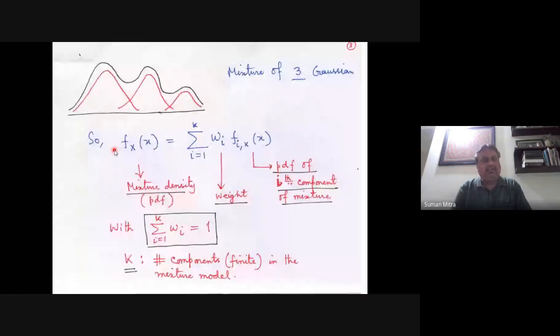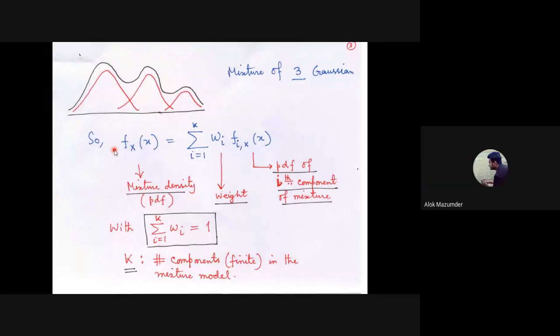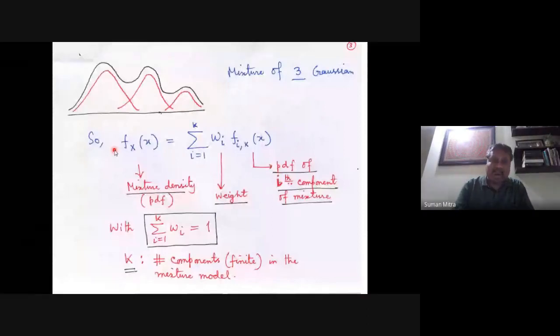Can anyone tell me how many parameters are there in this mixture of Gaussians? Nine parameters, yes.